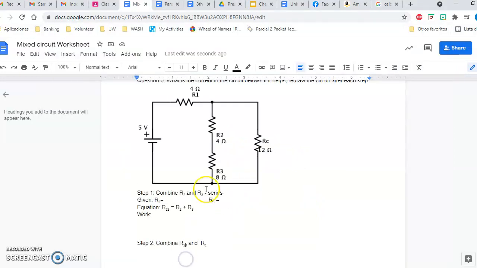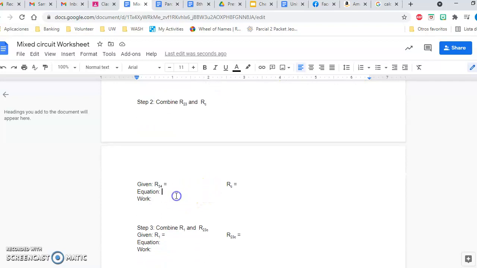So we would use our parallel equation, and we're going to call it R23C. I notice I have a typo right here, so I'm sorry, this should be 23. And we're going to say this is equal to 1 divided by, 1 divided by R23 plus 1 divided by RC.